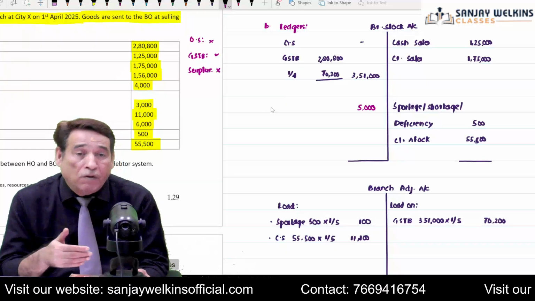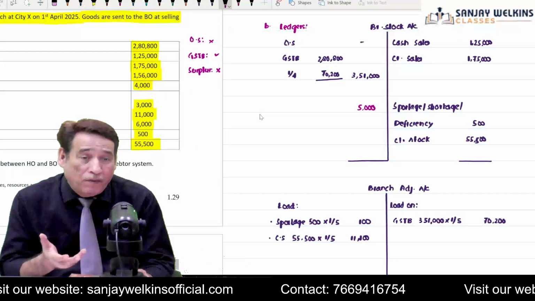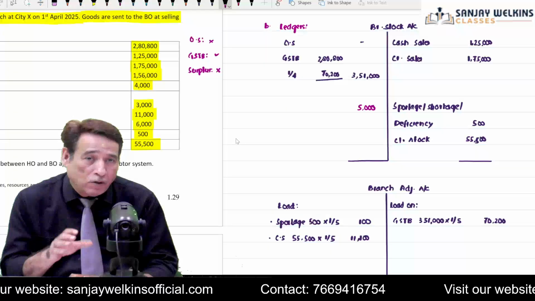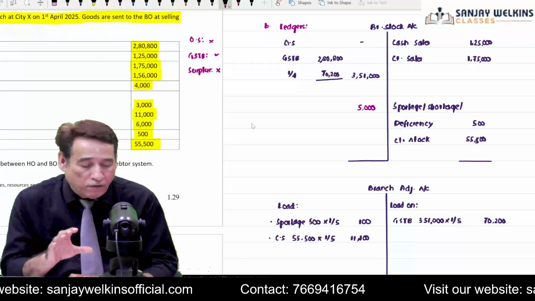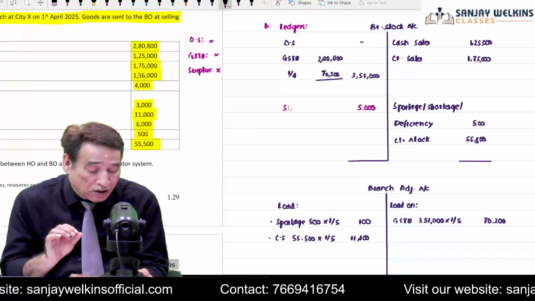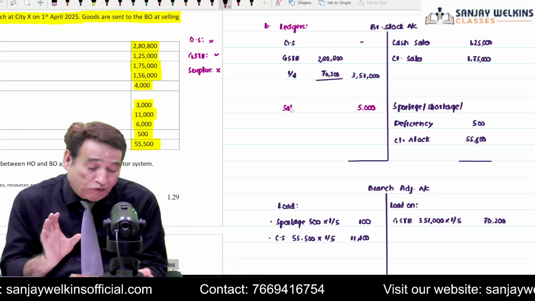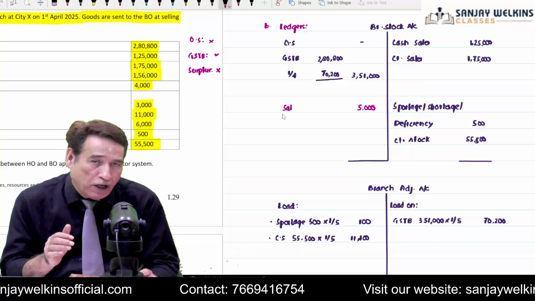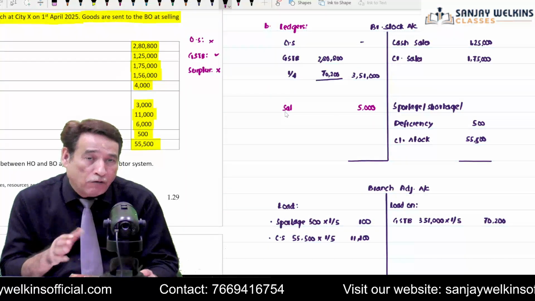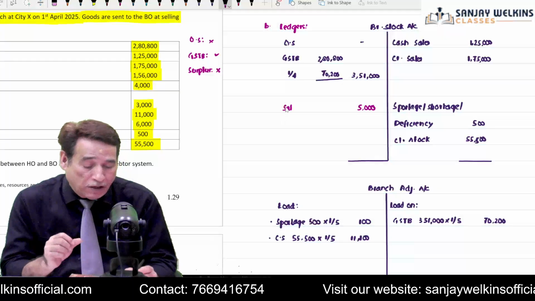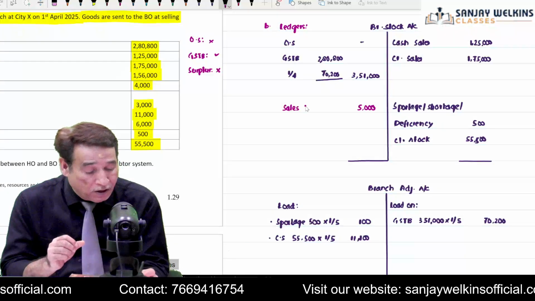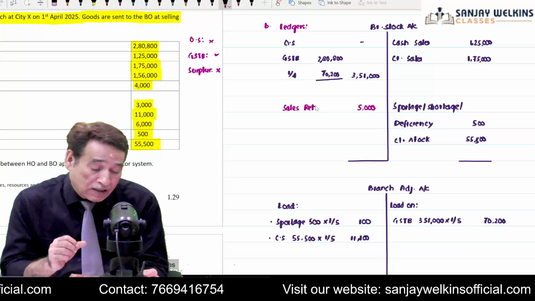So finally, how will you deal with this balancing figure? Now you are left with no alternative. You will have to treat it as sales return, because the only other figure apart from opening stock, goods sent to branch and surplus which can arise on the debit side of branch stock account is sales return.